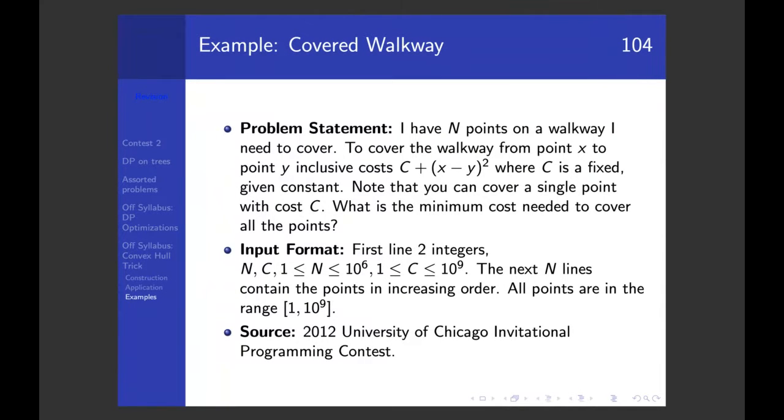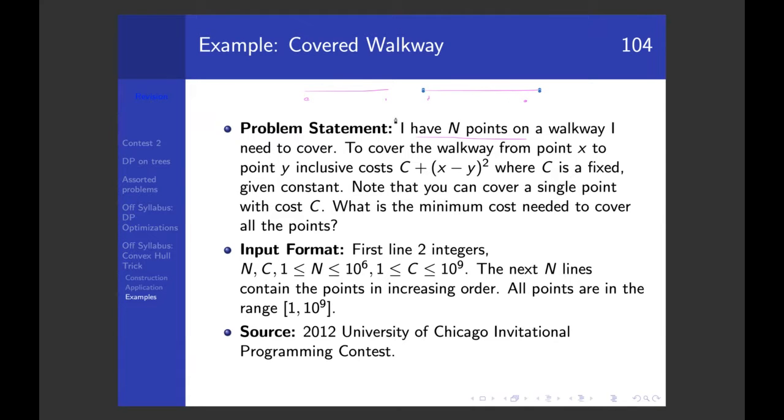And we'll probably discuss this quickly in 5 or 10 minutes, and then lecture's over. So in this problem, you have endpoints on a walkway. You want to cover all the points by placing lines over them.